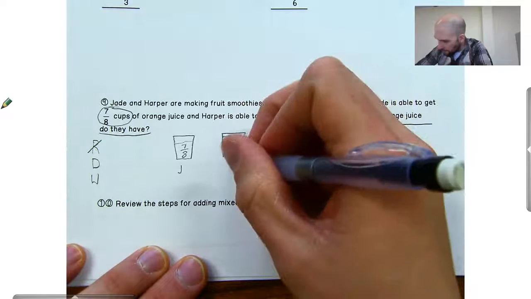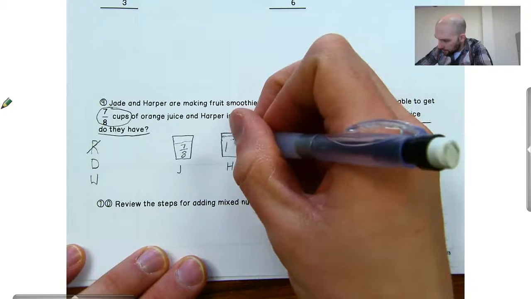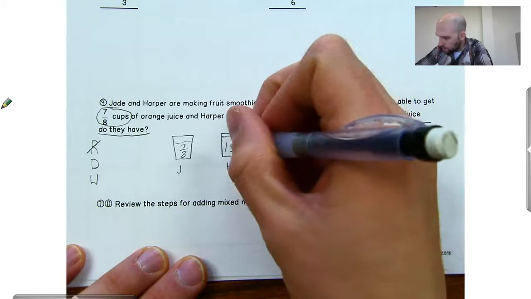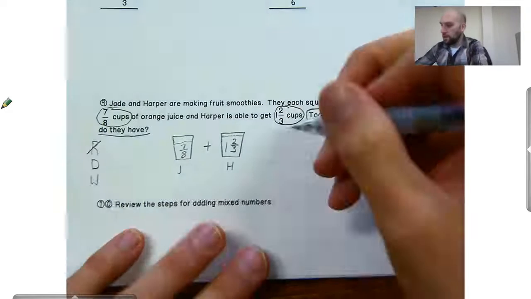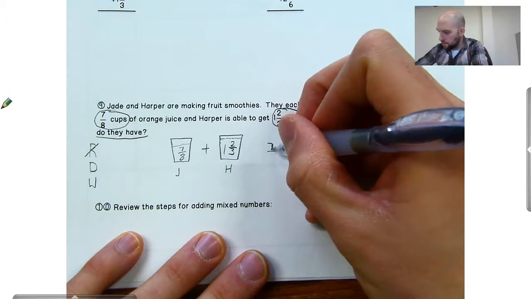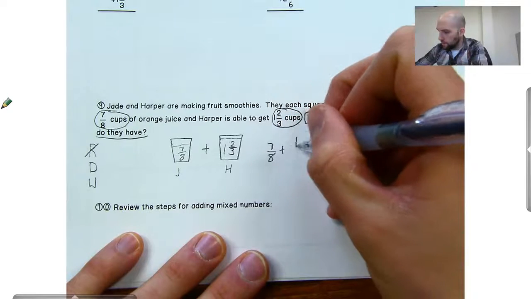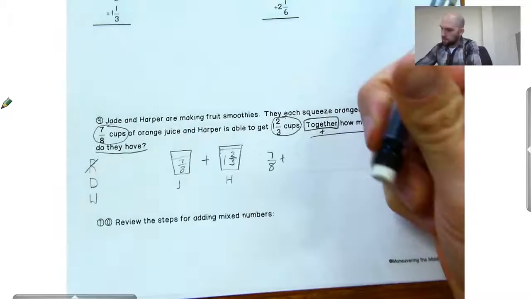This is Harper's, and this is 1 2/3. And we need to add those together. So I'm going to make an equation. It's going to be 7/8 plus 1 2/3.